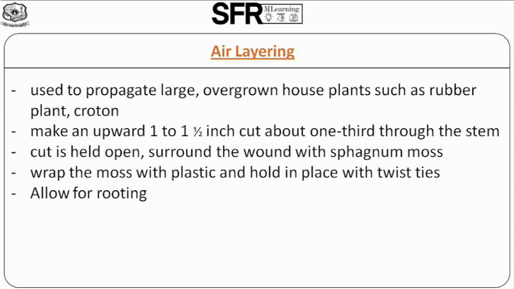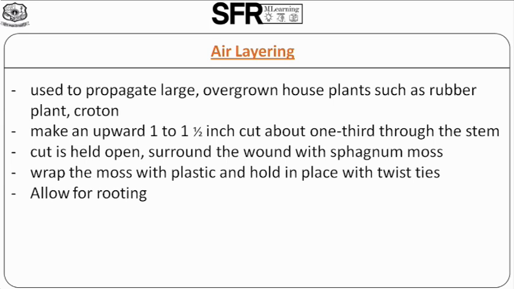Then we should place some moss or compost mixed with soil over that cut region and cover it with a plastic cover, tied at both ends, so that the compost placed over the cut bark will not fall. It should be left undisturbed for 15 to 20 days.